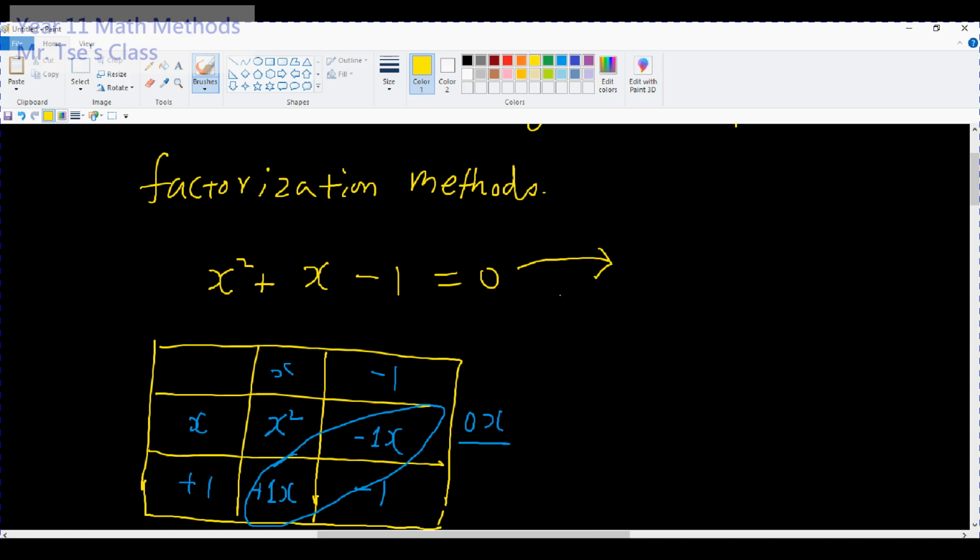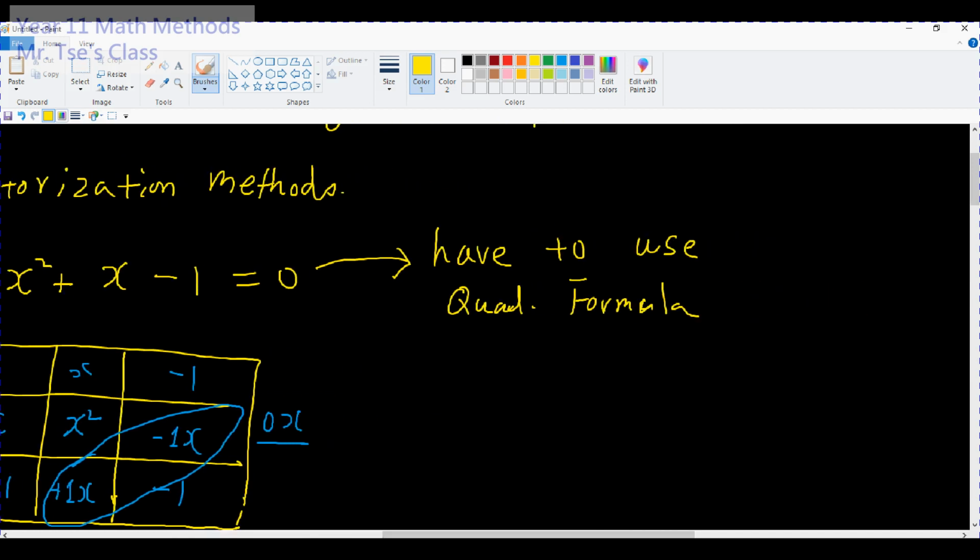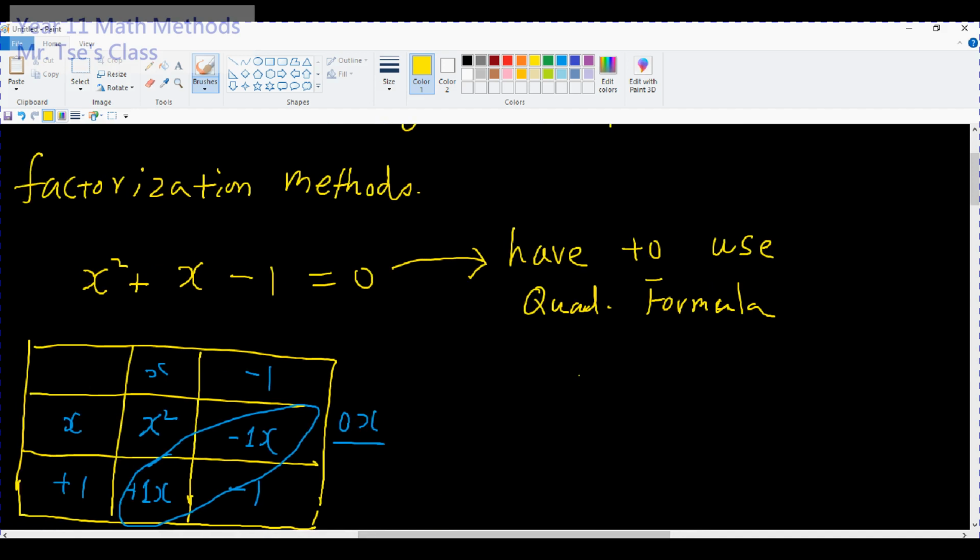So that's why you have to use the quadratic formula. You don't have any other option. Okay, so how to solve this one? Let's say if you have this quadratic equation, that's number 1 here, another number 1, and this is just -1.